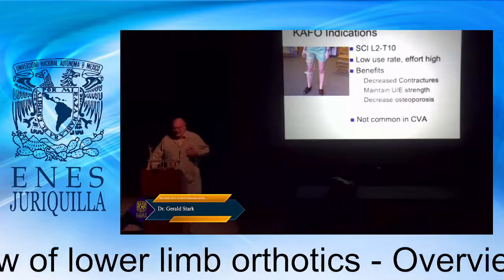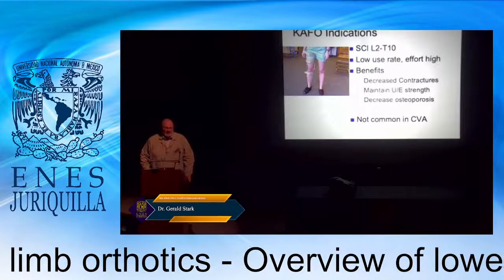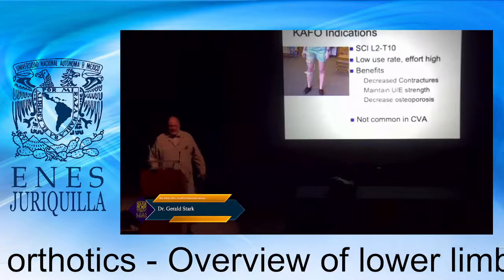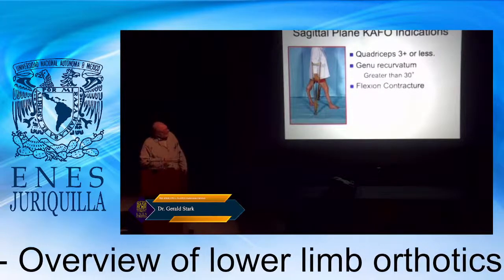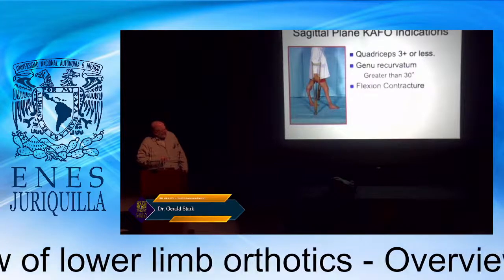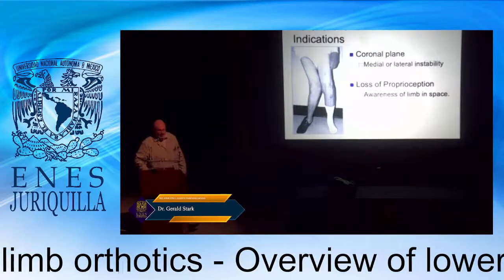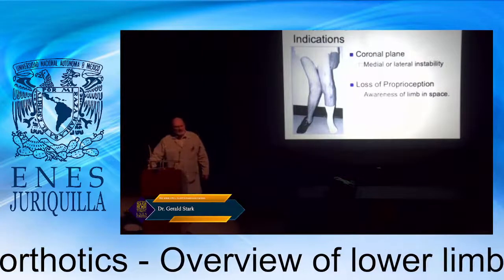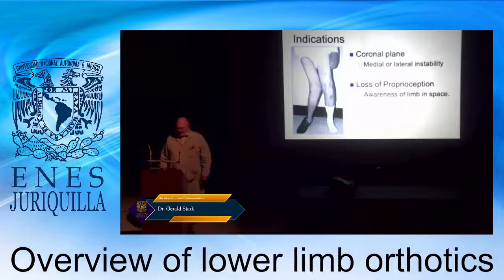This is, however, changing with the use of microprocessor knee designs like the C-Brace and other types that allow knee motion. But in the sagittal plane, if quadriceps are less than 3, genu recurvatum is more than 30, or we have a presence of a knee flexion contracture, and we have genu varum or valgum in excess of 10 degrees, then we want to reposition or correct them into the correct position.